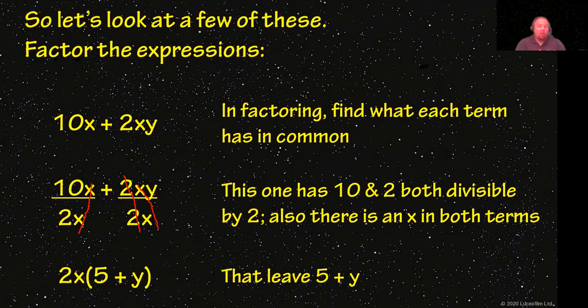So I can look at the smaller number and see what I need to do with that. And then when I get to the end, if I wanted to check it, I could multiply the 2x times 5, which would give me the 10x, and I can multiply 2x times y, which would give me the 2xy. So you can see how this is set up, and you see how this one goes.